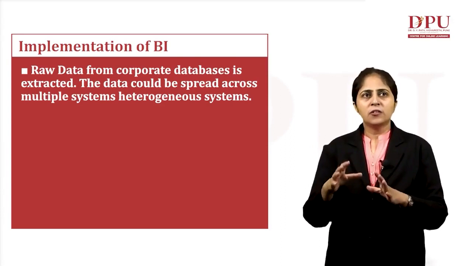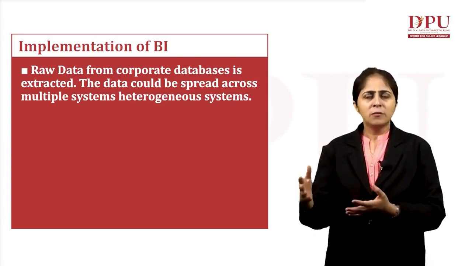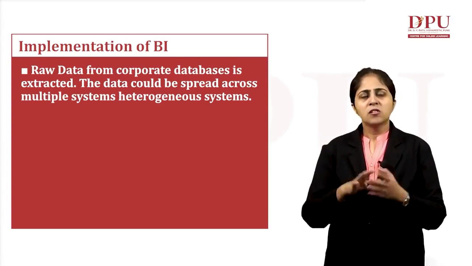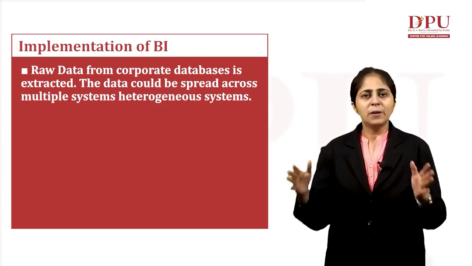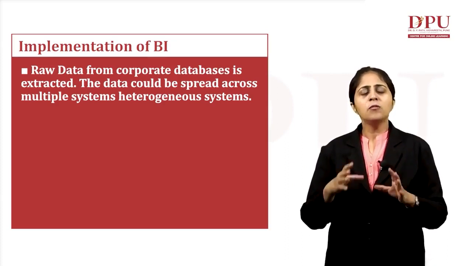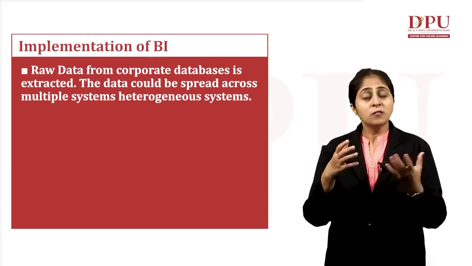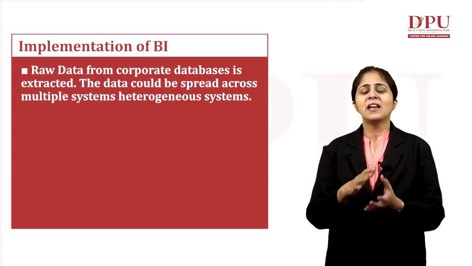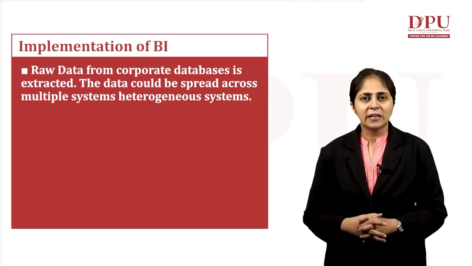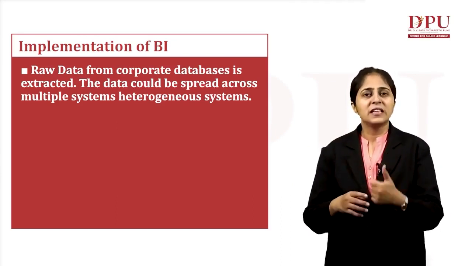The data could be spread across multiple heterogeneous systems. So when we implement this business intelligence system, the very important thing is the source on the basis of which any kind of decision would be taken. The basic and most important source is the data.